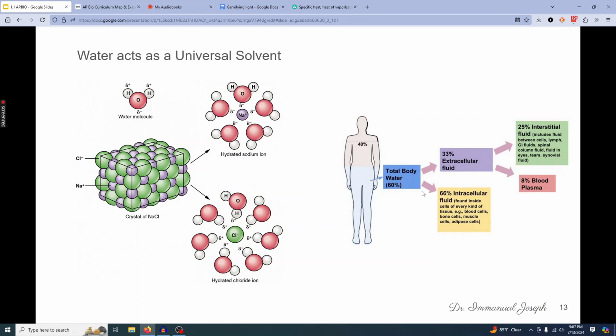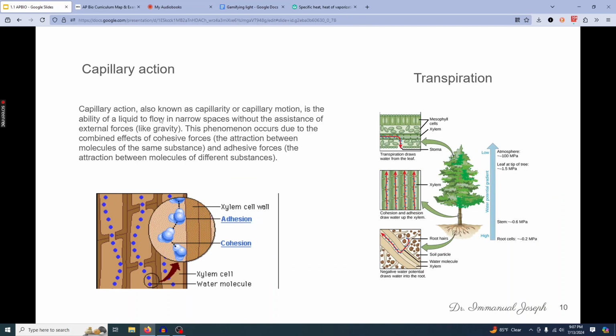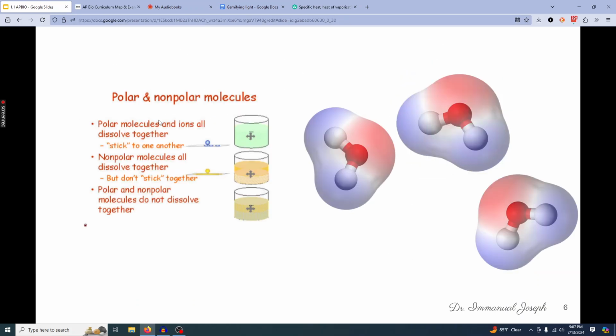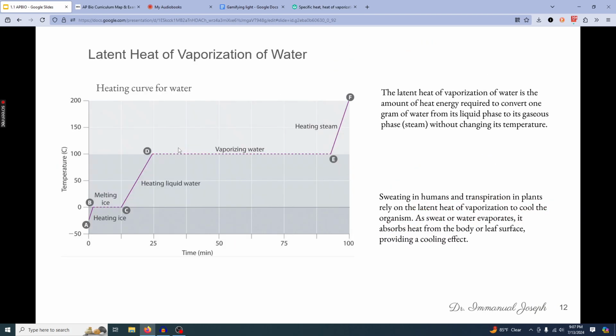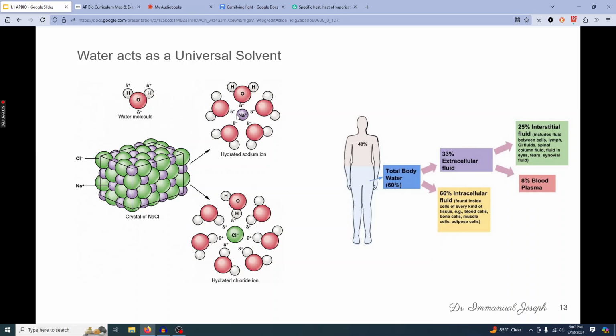And one final thing we want to look at here is that water acts as a universal solvent. We mentioned before that polar molecules can interact with ions. Think of sodium chloride, NaCl. You have sodium and chlorine, and because of the ionic attractions between them, they have formed a crystal structure.